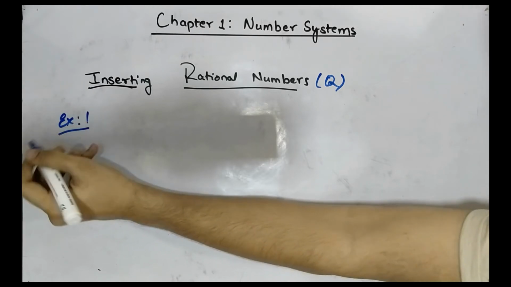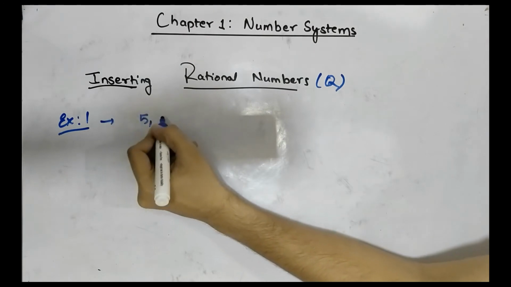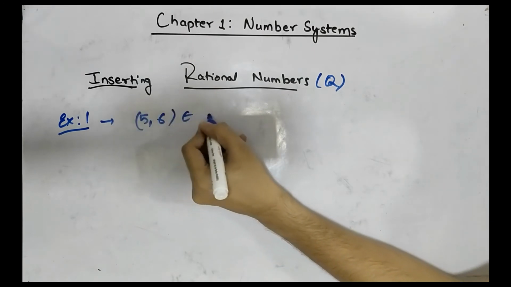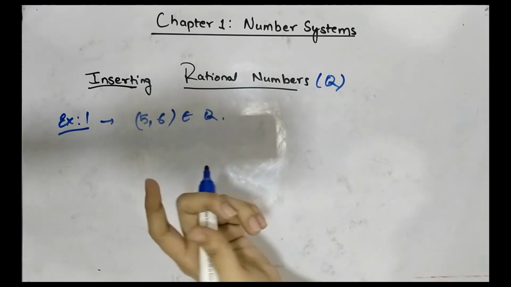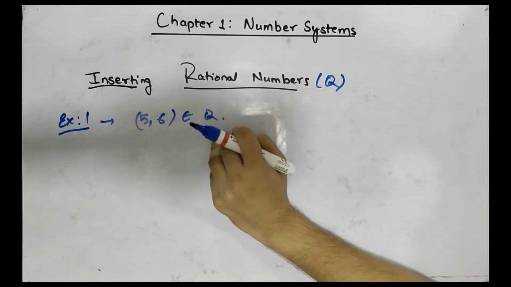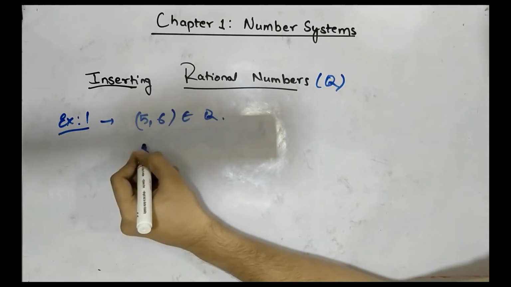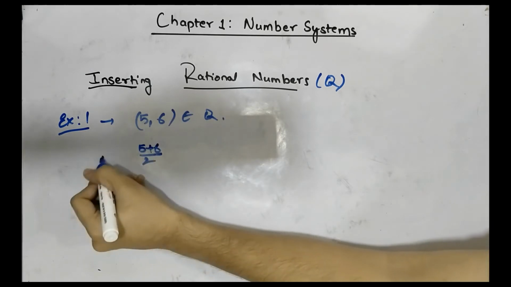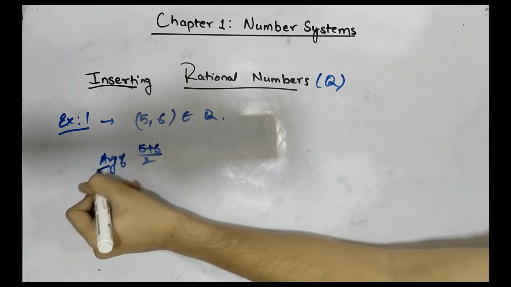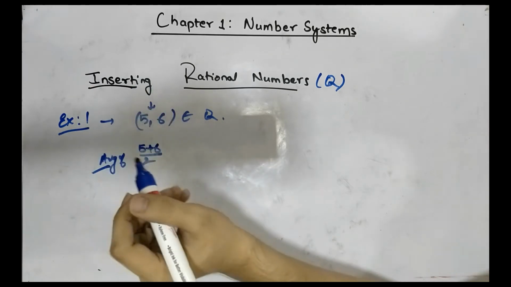So, inserting rational numbers. Let's first take an example. Example 1: you have numbers, say 5 and 6. Both of them are rational numbers. You have to insert one rational number between 5 and 6. A number between 5 and 6 will be (5 plus 6) by 2. This is also the average of 5 and 6, and it will lie between 5 and 6 only.